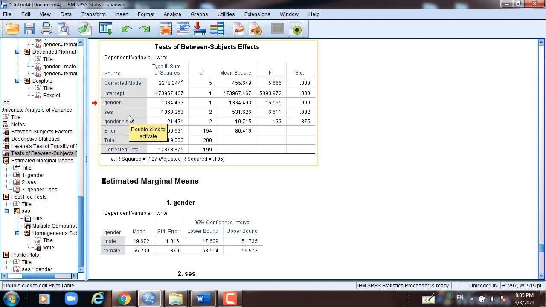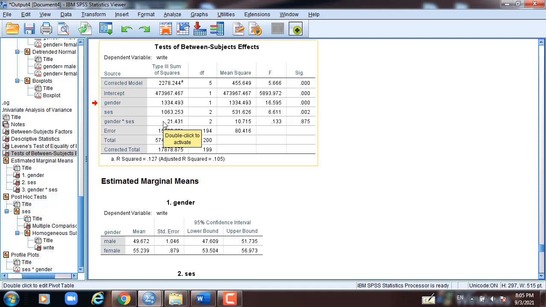These rows inform us whether we have a significant mean difference between our group levels for our two independent variables, gender and SES, and for their interaction, gender and SES, which is this one.